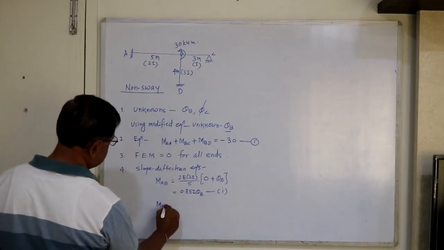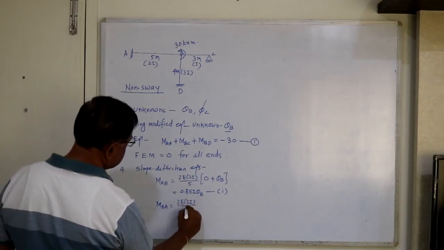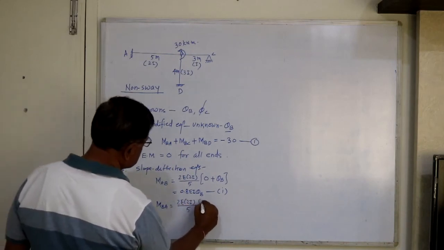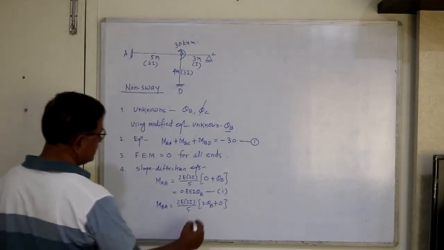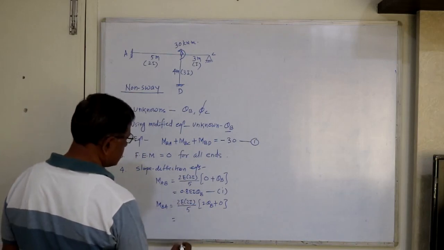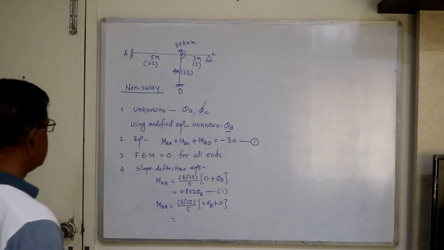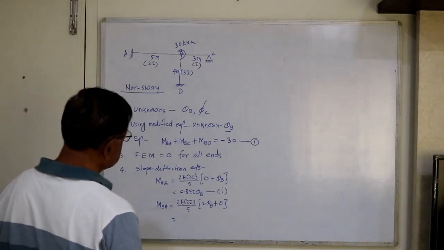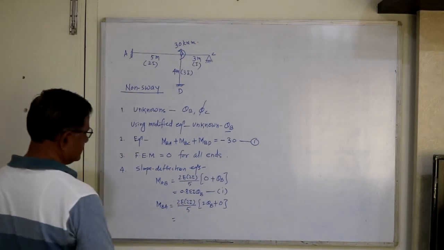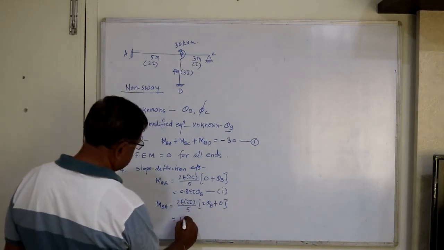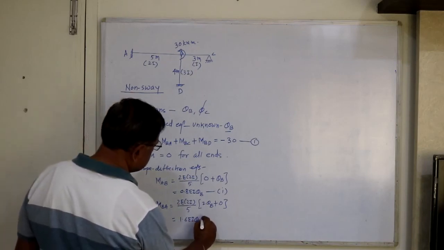MBA equals 2E, value of I is 2I, divided by L is 5, into 2 theta B plus 0, no fixed end moment. So this is again 8 by 5, that is 1.6 EI theta B, equation 2.